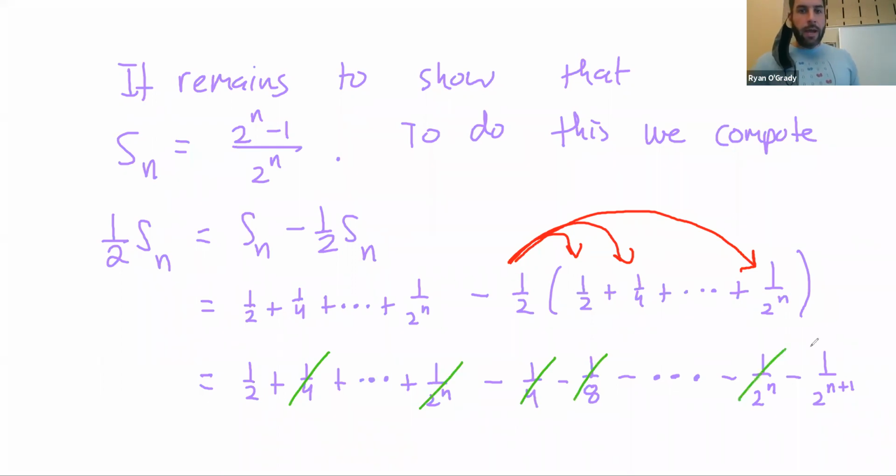This guy has a partner. Everybody has a partner but the first and the last. That's right. But the beauty is, it's like the ugly duckling. Even though the first and the last don't have a partner, they're the only ones that survive, and they get to make all the magic happen. Because what is left is 1/2 minus 1/2 to the n plus 1. That's it.